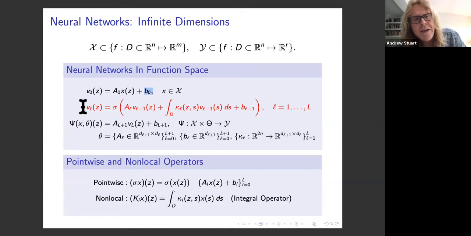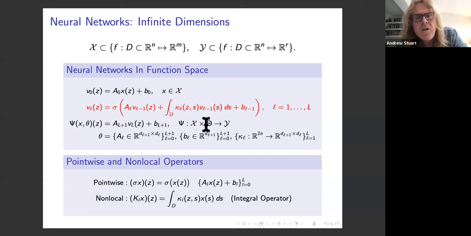And then we iterate as before with the following form, a pointwise operation, think of a ReLU or other such monotonic function. We have a pointwise operation here and here, but we have a non-local operator, which I'm writing through an integral kernel, kappa_l.